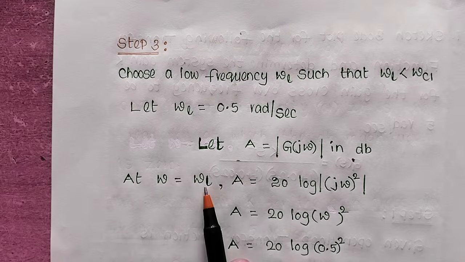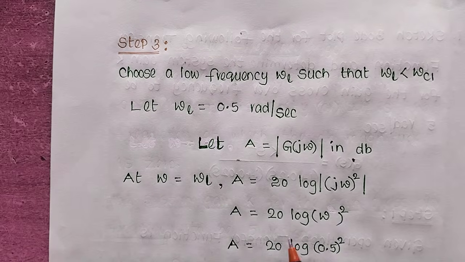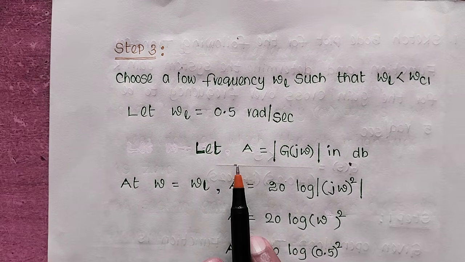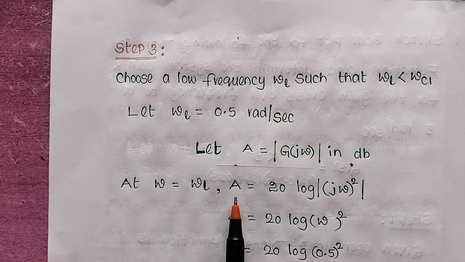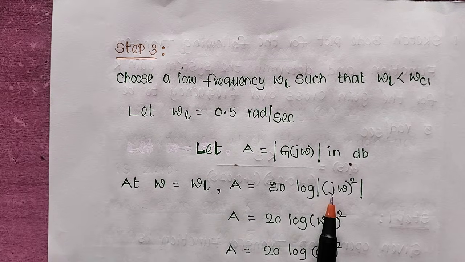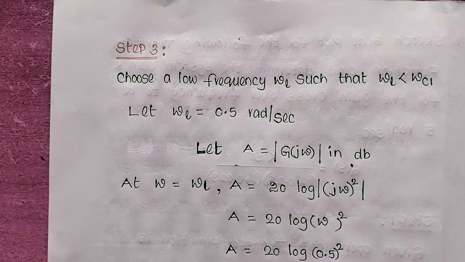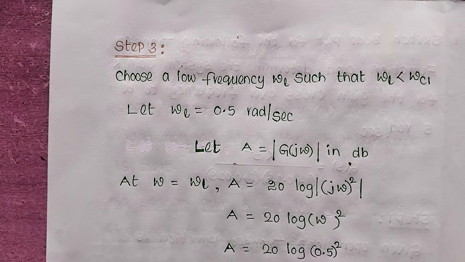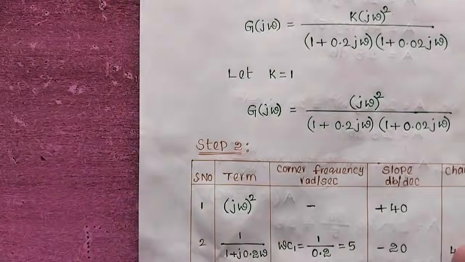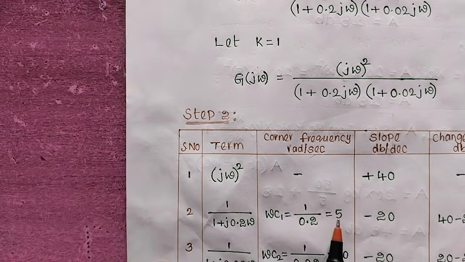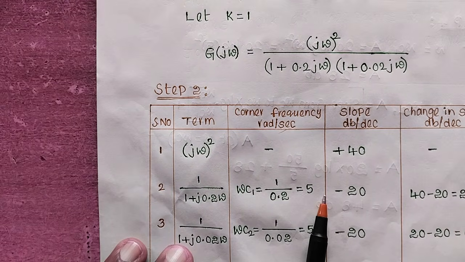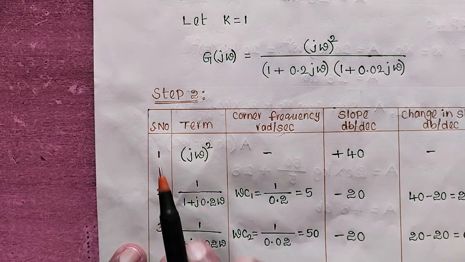So at omega equal to omega L, we have to get the magnitude at omega L before omega C1. So A equal to 20 log of j omega square. Up to the lower cutoff frequency omega C1, which is 5 radians per second, only this term affects the magnitude.